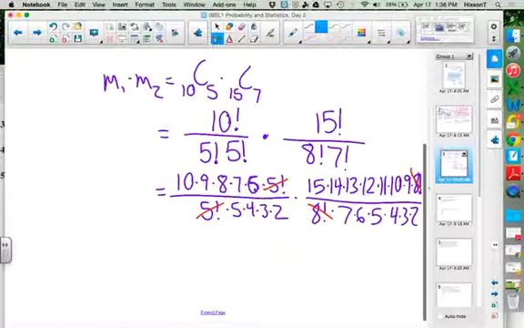When you get to this point, the easiest way to cancel things out is to start with your biggest numbers in the numerator. I've got a 15 up here.